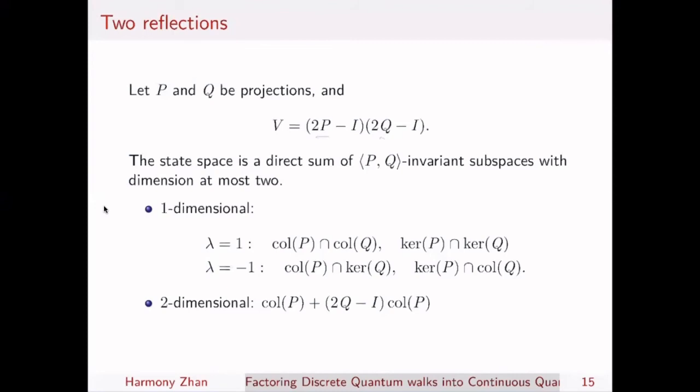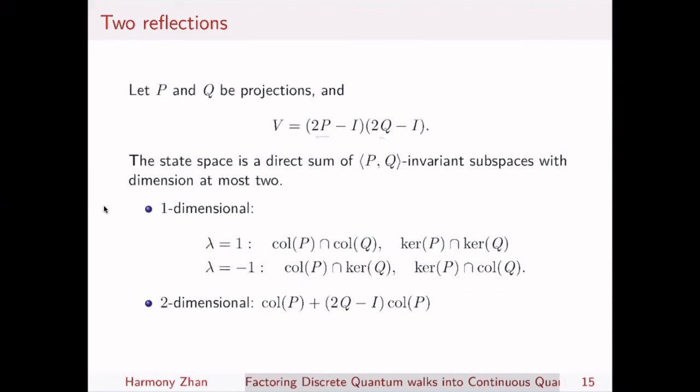Okay. So the one-dimensional invariant subspaces are easy. They are precisely the eigenvectors of V. And if such an eigenspace is either fixed by both projections or killed by both projections, then they give rise to the eigenvalue 1 of V. If it's killed by one but fixed by the other, then we have eigenvalue -1.